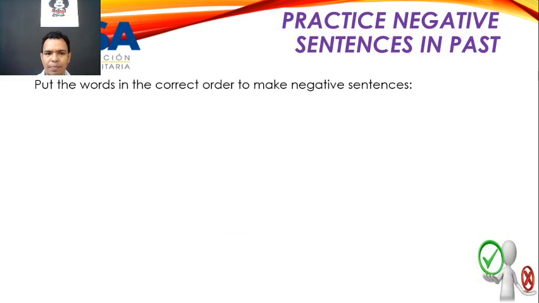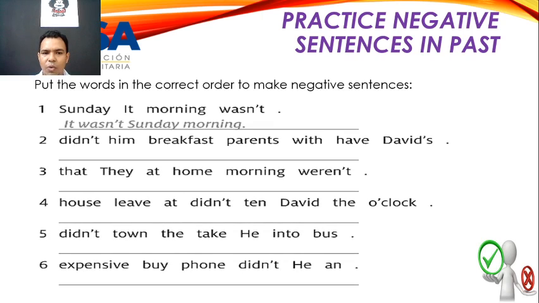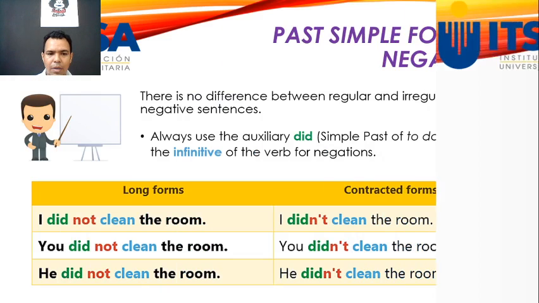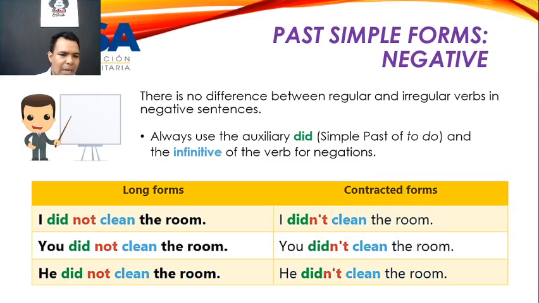Let's practice a little. Now you are going to put the words in the correct order to make negative sentences. Number one is already done: Sunday, it, morning, wasn't. So, it wasn't Sunday morning. Now, number two, you have to organize these sentences in order to make correct sentences in the past. Remember, as you could see before, in the past you need first, as in black, the subject of the sentence.